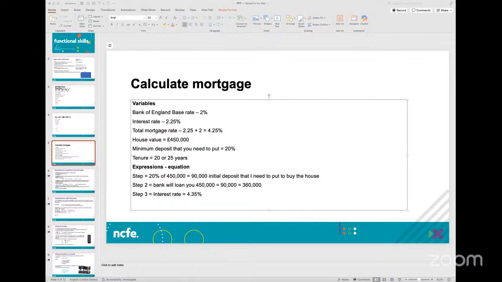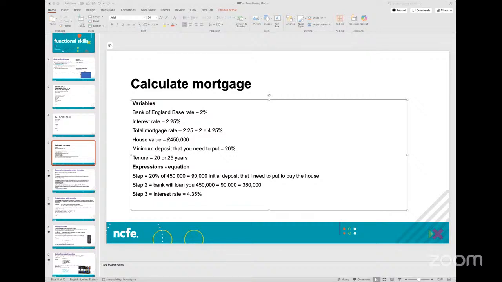So assuming it is 20 years, and knowing all this information, I can now calculate the monthly payments. What are the monthly mortgage payments going to be? That is what I want to find out.